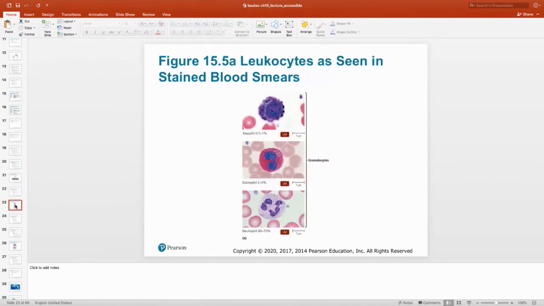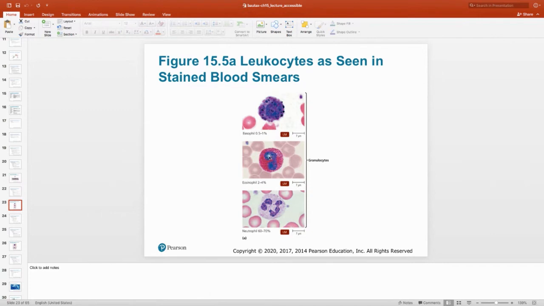If we look at these in a blood smear, rather than in the artist's rendition, you can see how they appear, and that their cytoplasm appears to be granular. They're at the same resolution here, so you can see that the scale is the same for all of these.